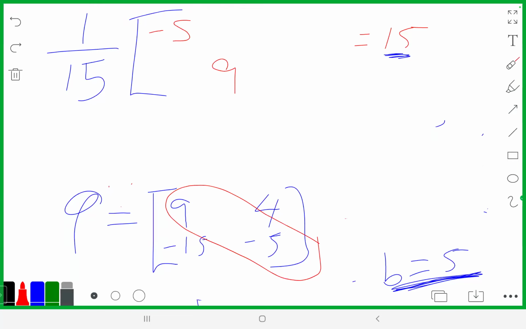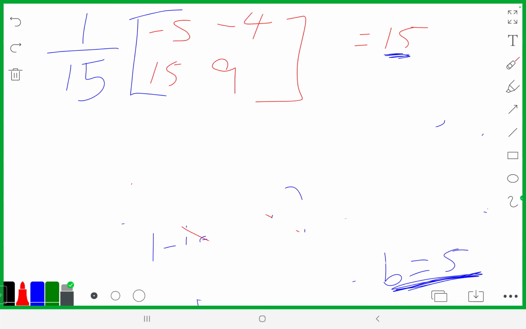Right? Then these will change signs. +4 will be -4. -15 will be +15. Is that clear? Are we good up to here? Yes.